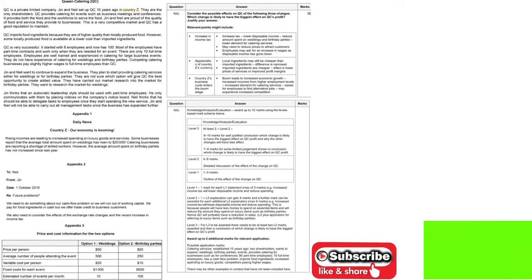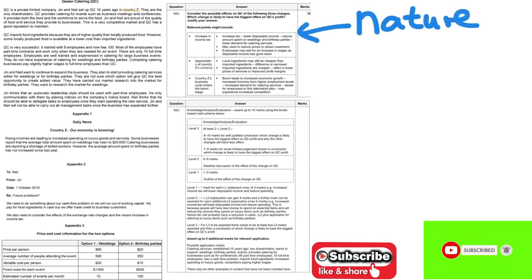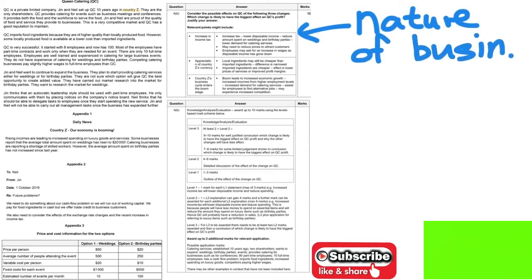So first of all, when you talk about the increasing income tax, here you will focus on the nature of the business. So what do they do for the business? You may check it from the source.